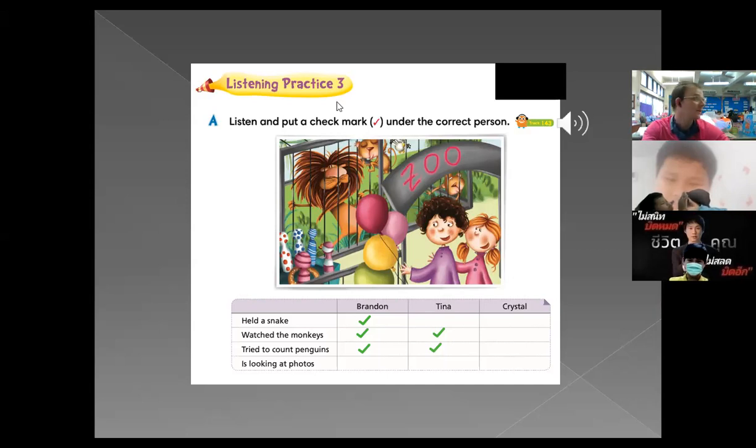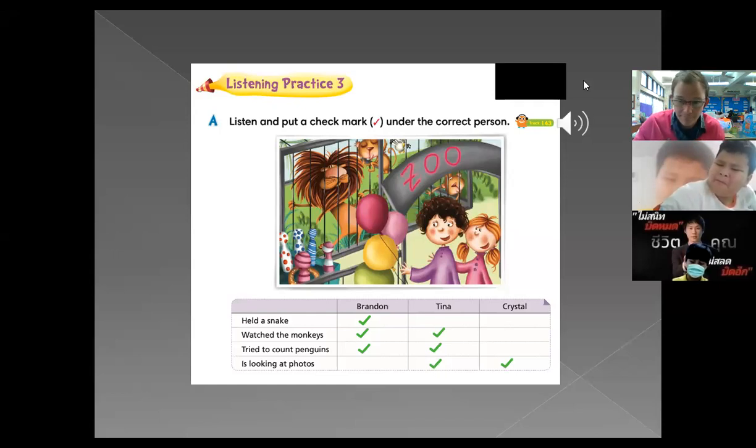Crystal, and who else? I think it's Crystal. Crystal and who else? Only Crystal. Okay, let me ask, who showed Crystal the photos? Tina. Okay, this one is quite interesting because I know there's at least one mistake. Let's see if we have all of them correct.